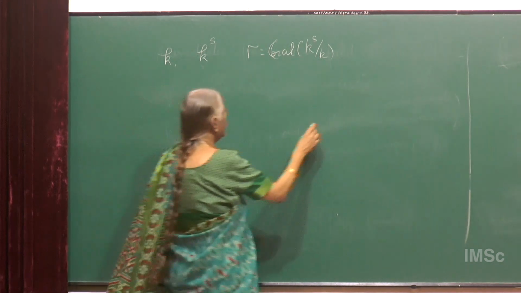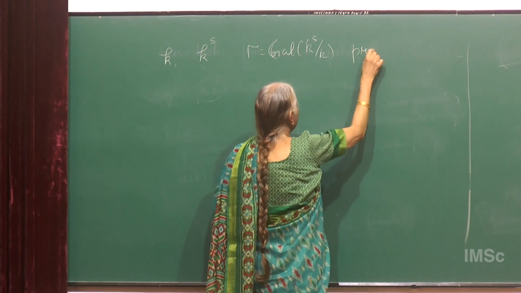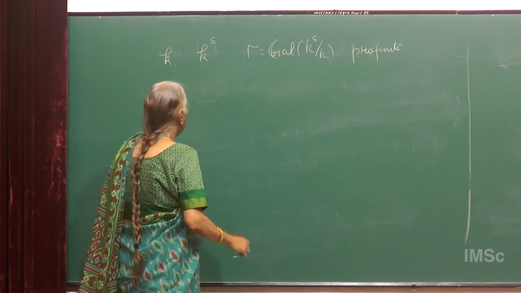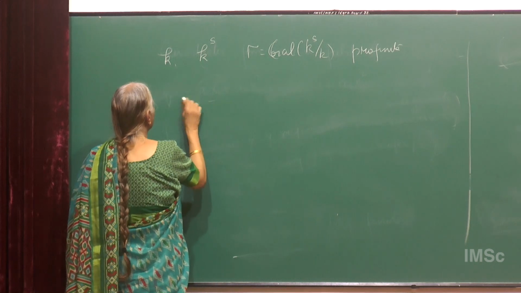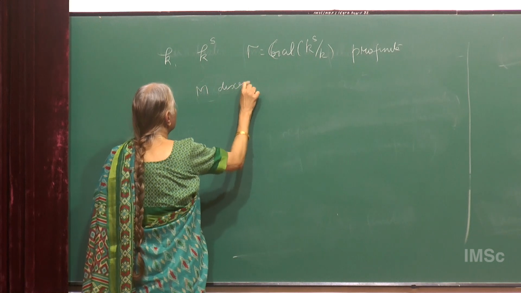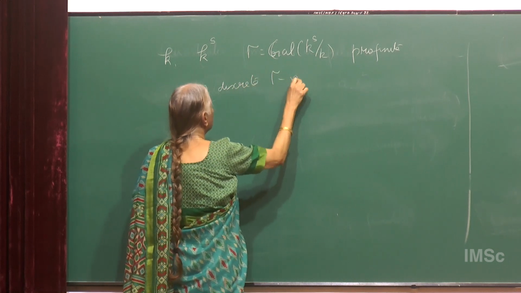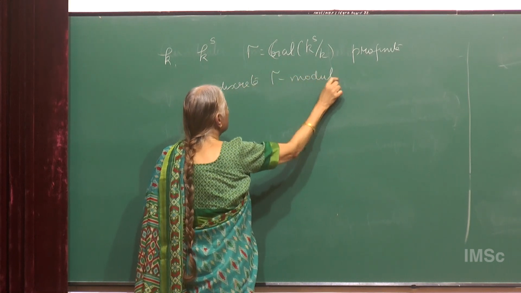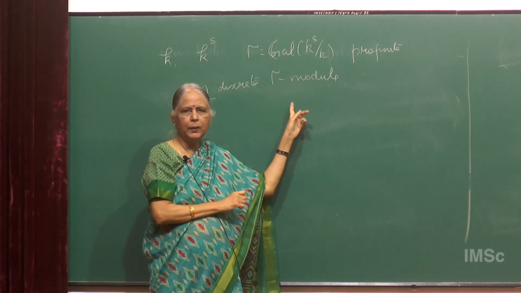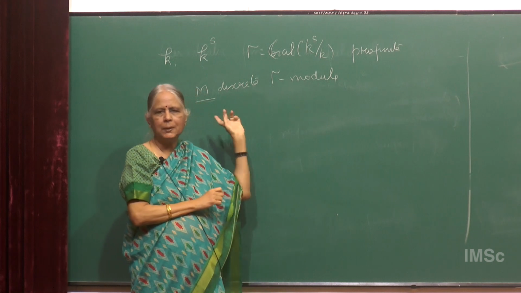So this is a profinite group, it has a profinite topology. And suppose M is a discrete Γ-module. Discrete means M has the discrete topology, Γ has the profinite topology, and the action of Γ on M is continuous.